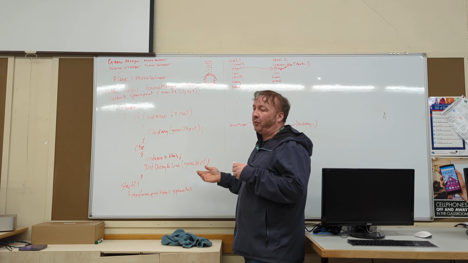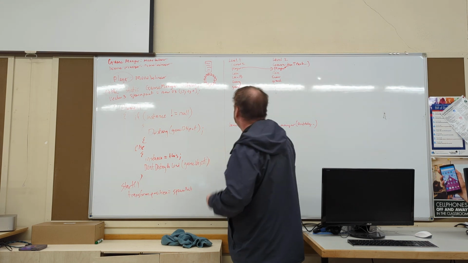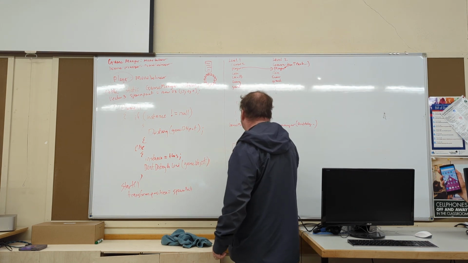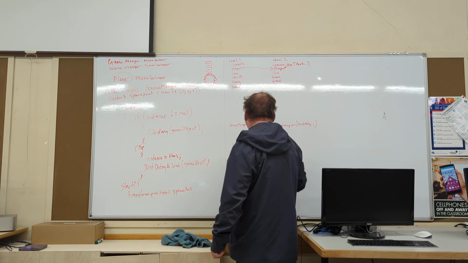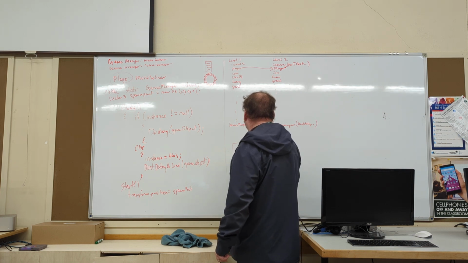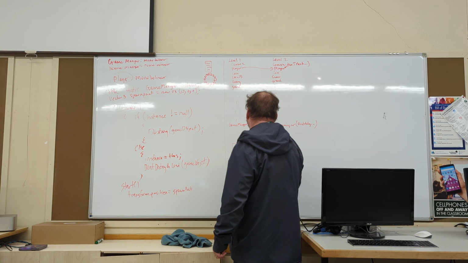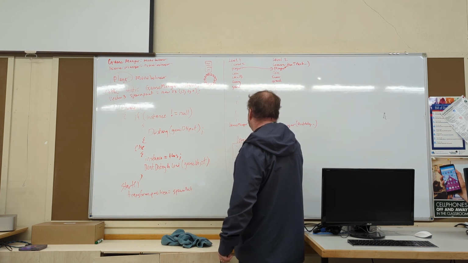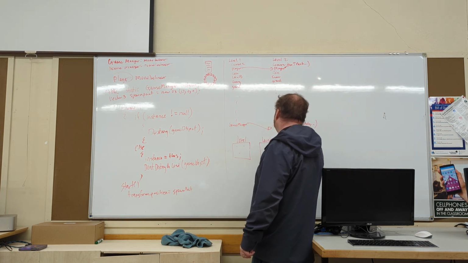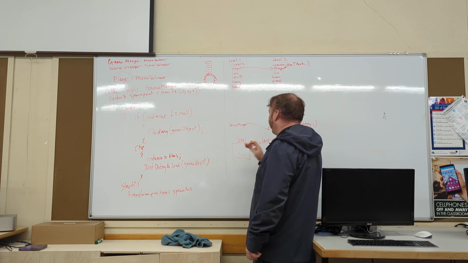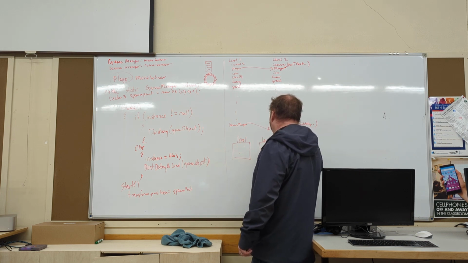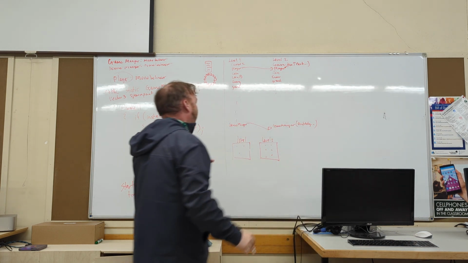It's also from the last lesson that we did, where we had some enemies in level 1. This is level 1. This is level 2. We had some enemies in level 1, and we had some enemies in level 2.